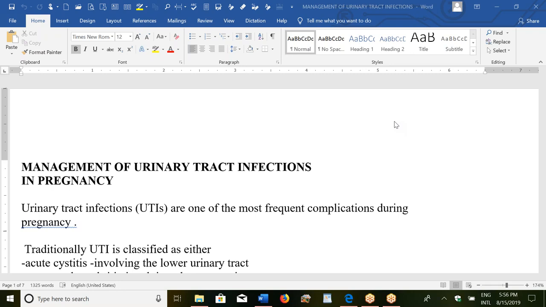Then tomorrow and the day after tomorrow, I think we don't have a class, but if there is a change in the plan, I'll inform you in advance. So please go over that guideline on perinatal mental health issues and infections, so that we will be able to cover that at a faster pace.